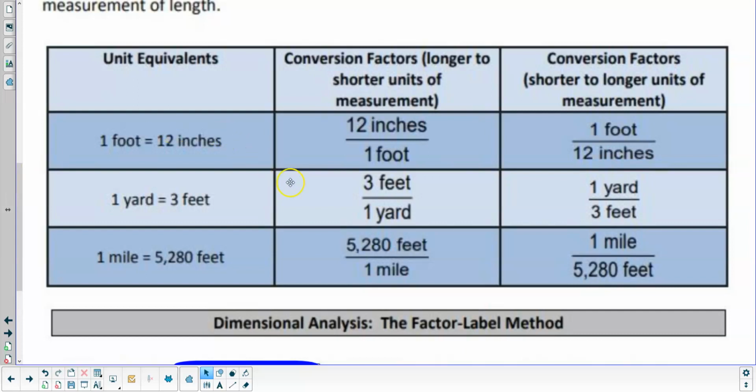And depending on which direction you're converting, if you want to convert feet into inches, you use 12 inches to 1 foot, like a fraction in the middle column. Or if you want to convert inches into feet, then you would use the last column. Okay, so going across that row, just keep in mind that depending on which direction you want to change your units to, you would use a different conversion fraction.